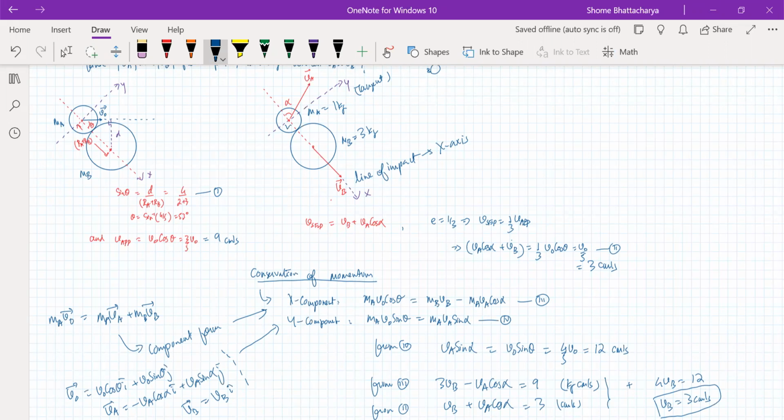Okay, so finally we'll get the value of VA then as 3. VA as 12. My mistake. Okay, and the angle between VA and VB will be 90 degrees.